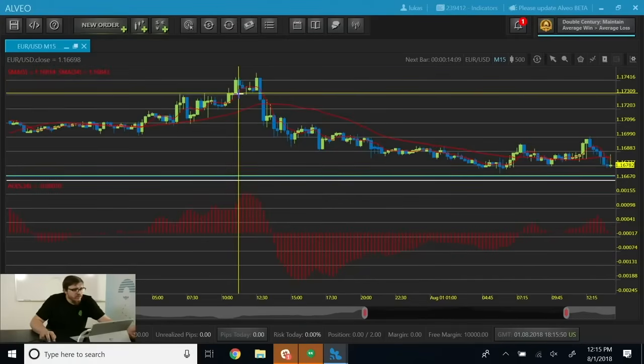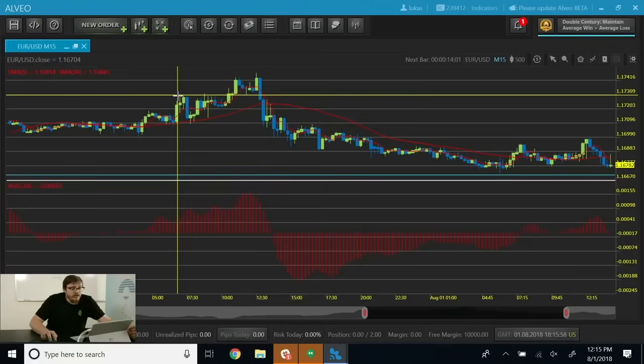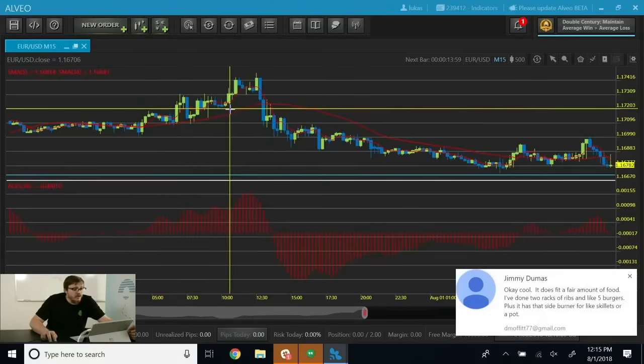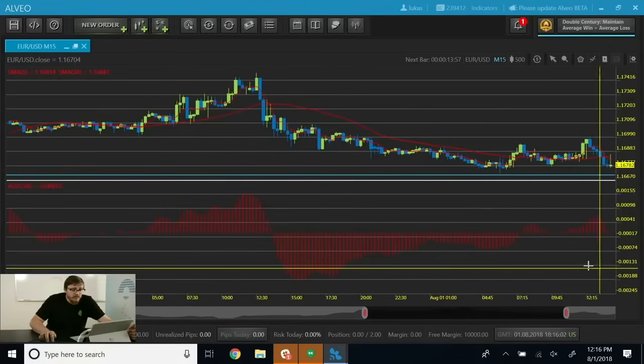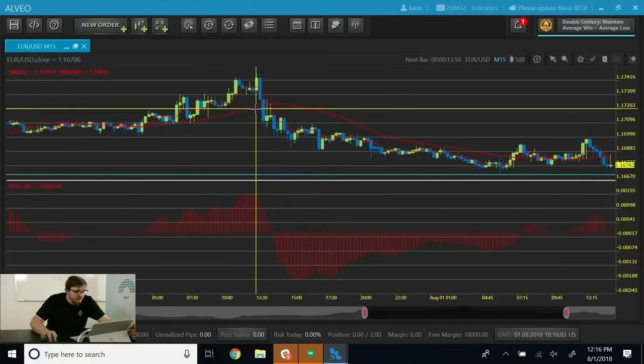Another thing that will skew the awesome oscillator, and which may cause you to change the periods in the awesome oscillator calculation, will be the wicks that are getting formed, or just the stature of the candles.